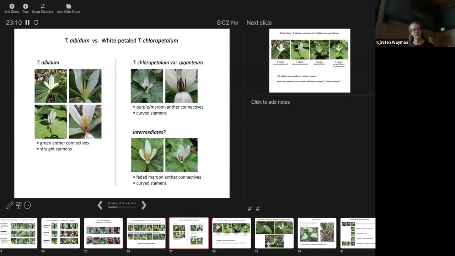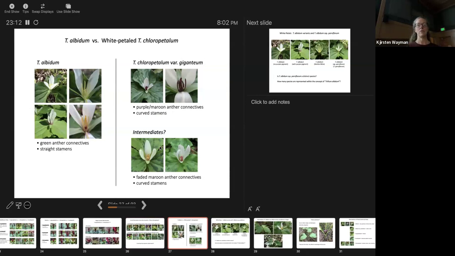And in any given population of chloropetalum variety giganteum, we're going to see a white-petaled variant or two. And that white-petaled variant is going to have stamens and ovaries that are that maroon color, that dark color that's consistent with that species, and distinguishes it from albitum, which has that light color to the ovary and stamens, and also these straight stamens sort of splayed out from the ovary.